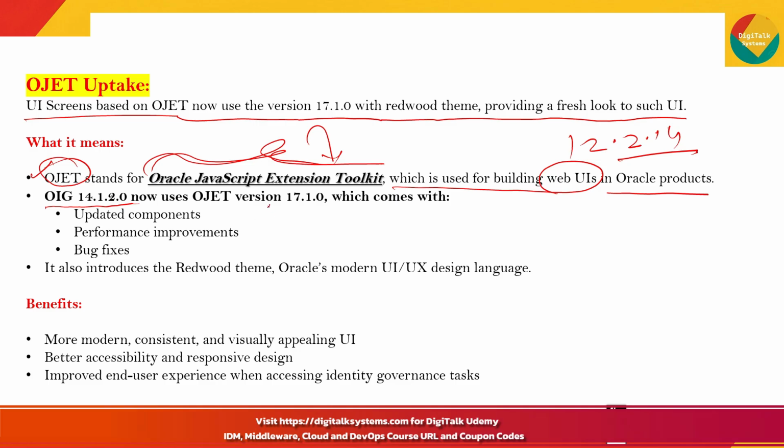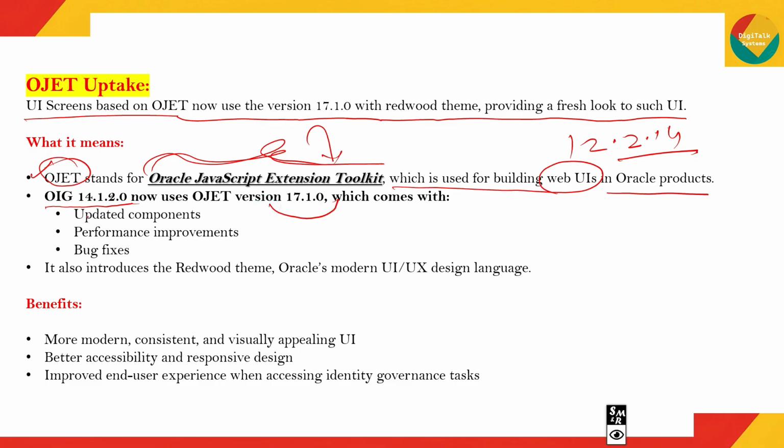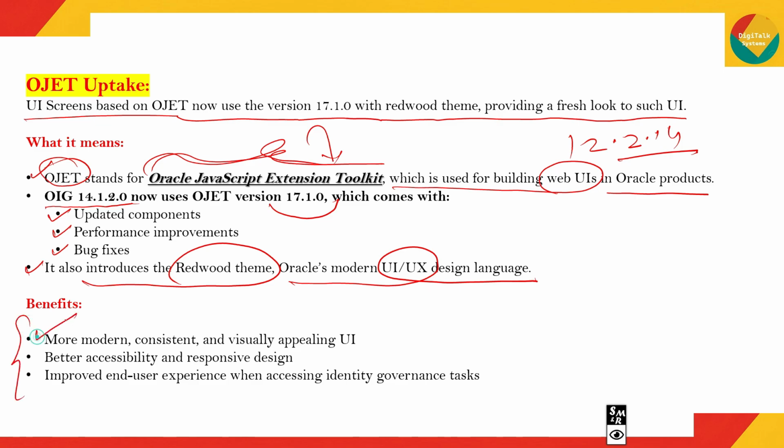It is now using 17.1.0, which comes with updated components, performance improvements, and multiple bug fixes. It also introduced the Redwood theme, which is Oracle's modern UI/UX design language. The benefit is a modern, consistent, and visually appealing UI, better accessibility and responsive design, and an improved end user experience when accessing identity governance tasks.